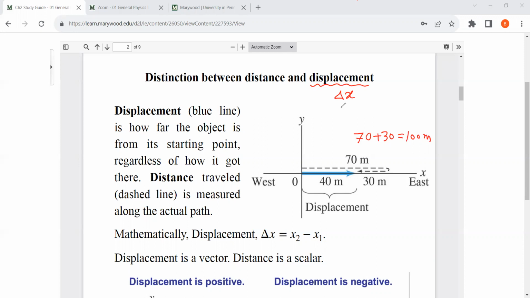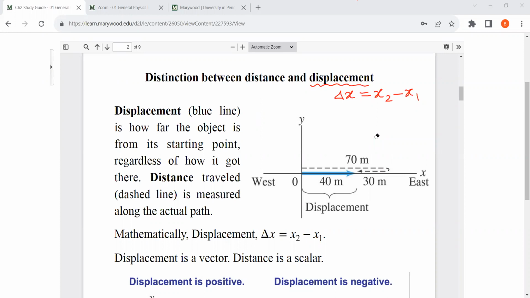If the motion is along the y-axis, then we use delta y. Delta x, or delta y, means something like this: x2 minus x1. Let me just focus on delta x. Delta y is basically the same thing, you just replace x by y.